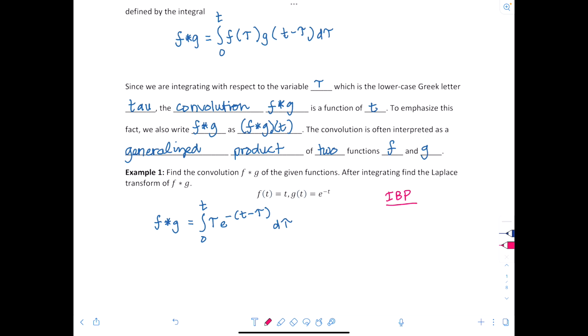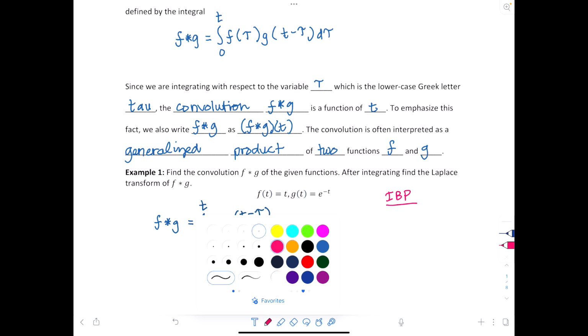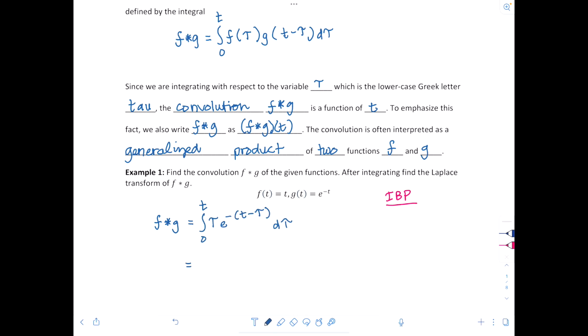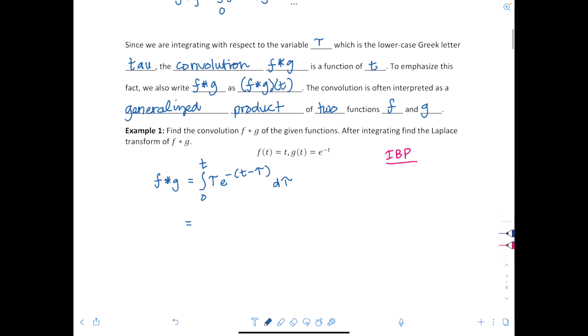Before we do that, let's go ahead and simplify this just a little bit. So this convolution of f and g is going to be equal to the integral from 0 to t of tau. Now, this would end up being e to the negative t and then plus tau, right?